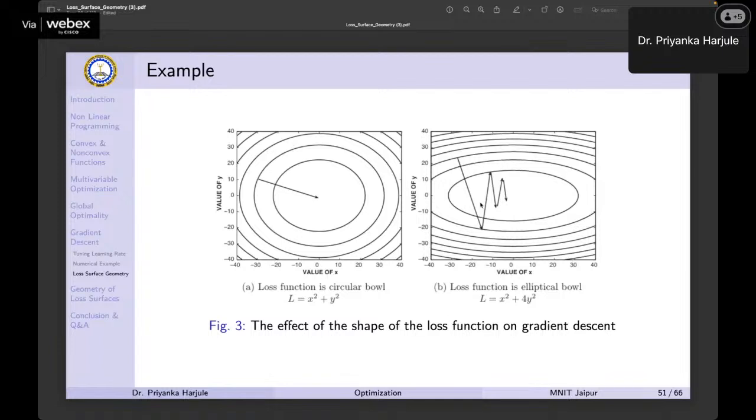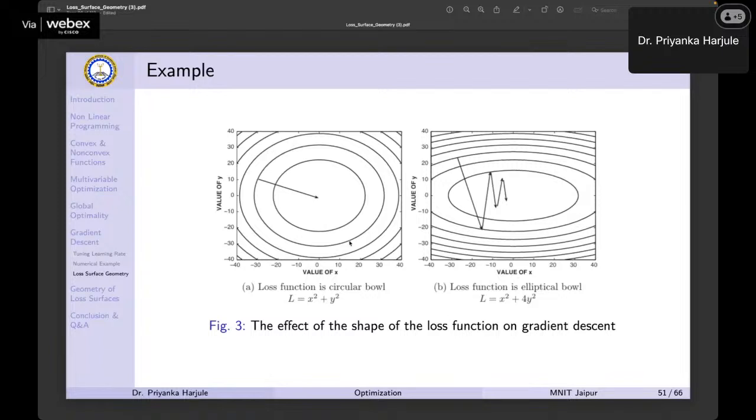Okay, so now this loss function is more sensitive to changes in the value of y as compared to changes in the value of x, which will also depend on the position of the data point. So if you look at the second order derivatives of the loss function with respect to x and y, they are different in both the scenarios.